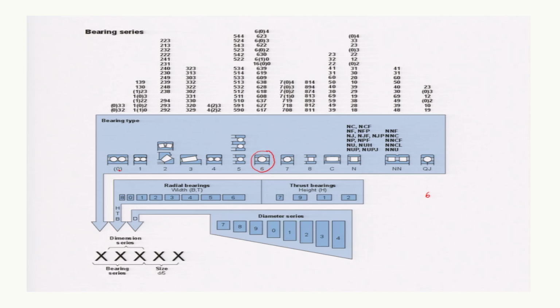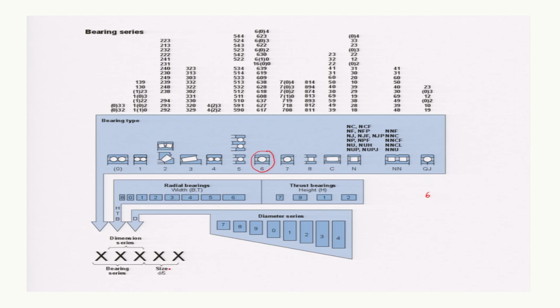If it is 0, then it is a 2-row ball bearing. If it is 2, then it is a tapered bearing. Accordingly, different numbers or alphabets and numbers are there.